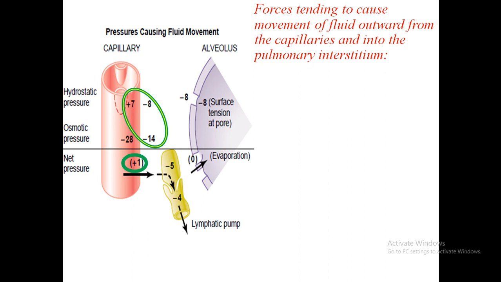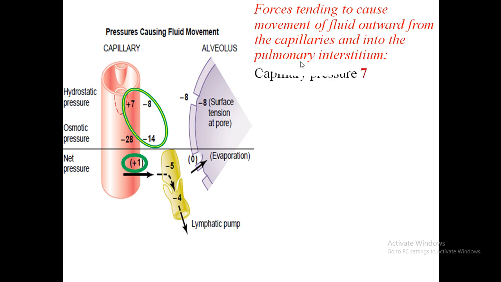As I have already told you, where there is abundant plasma protein or solute particles, they attract water. So by considering all these forces, we have the forces tending to cause movement of fluid outward from the capillaries and into the pulmonary interstitium.